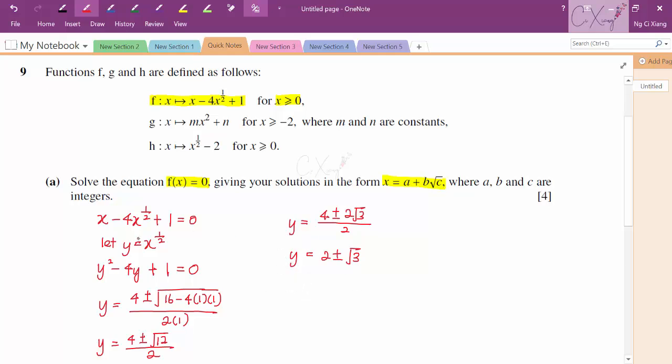Since y is actually my square root x, I let square root x equal 2 plus square root 3, and also square root x equal 2 minus square root 3.